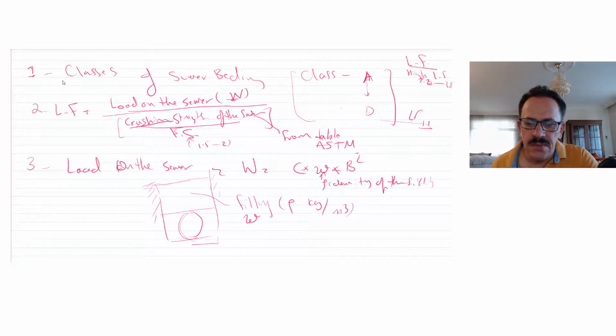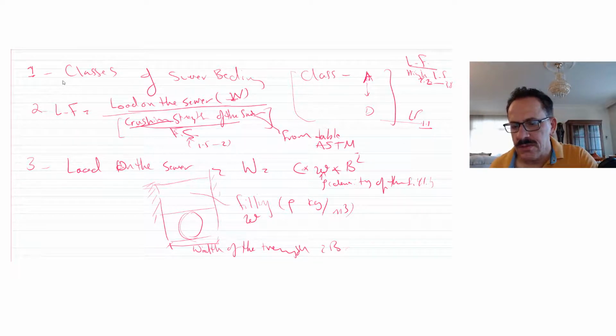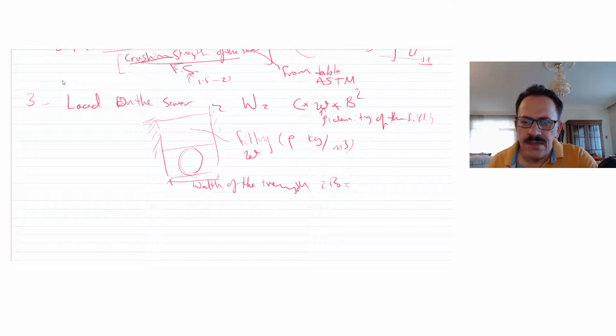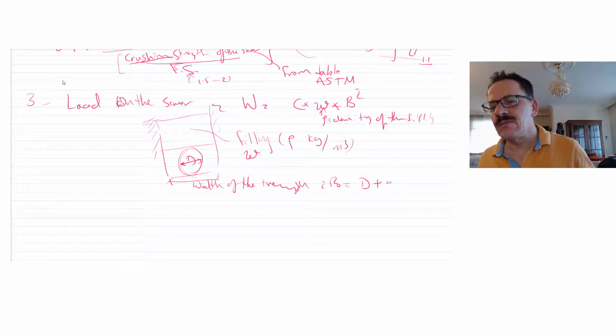And B, we said the B is the width of the trench. And usually this B will be, by the way, the diameter of the pipe plus, I think, minimum 8 inches.